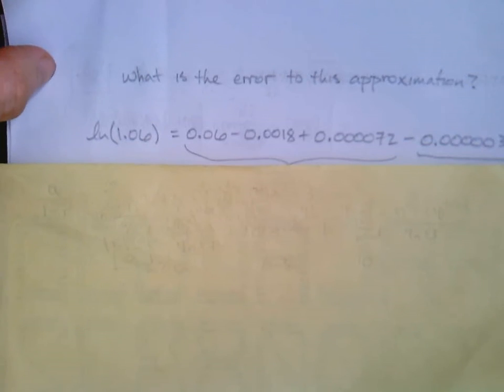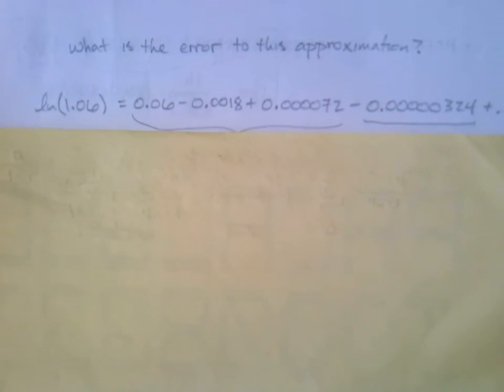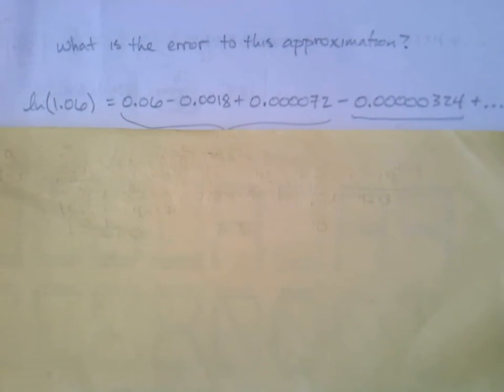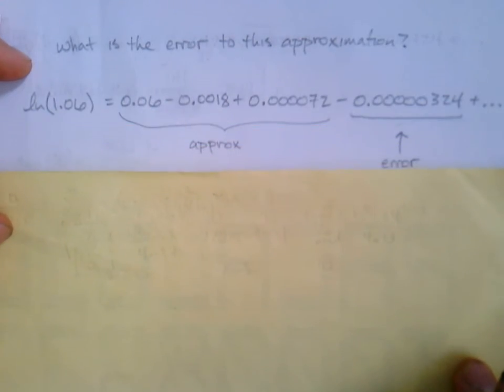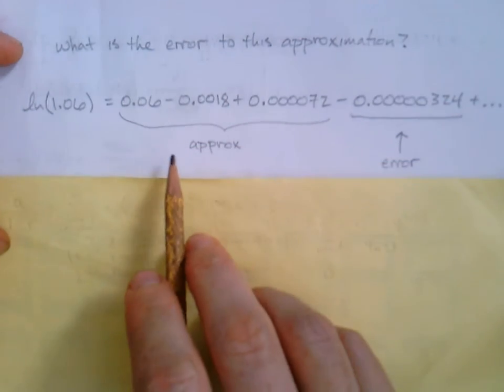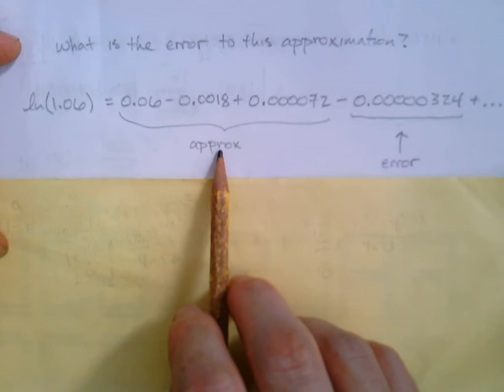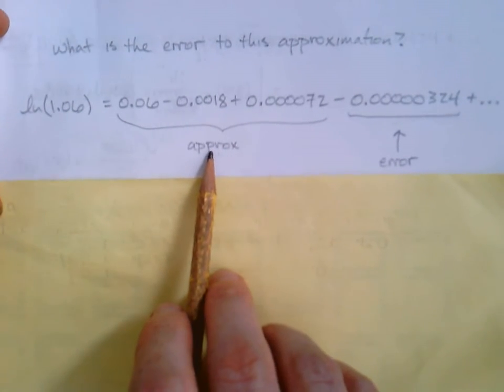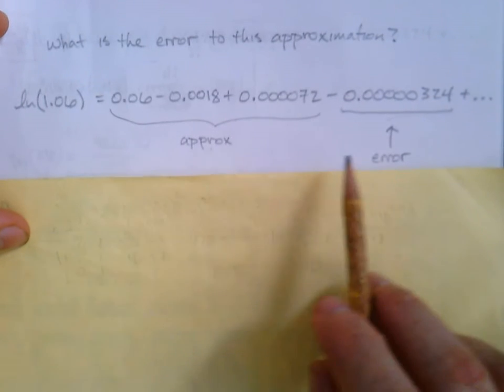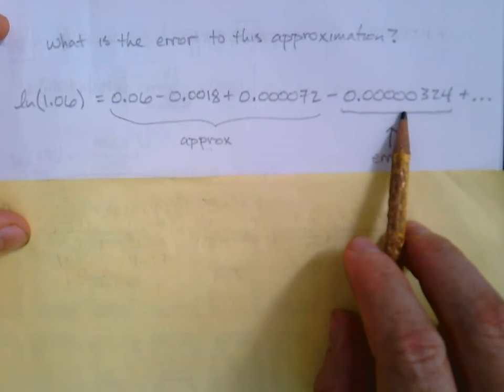That's all right. What would be the error to our third degree Taylor polynomial? So we said this was P3 of x. That was our approximation, that was our answer a moment ago. So the error is actually just the very next term.